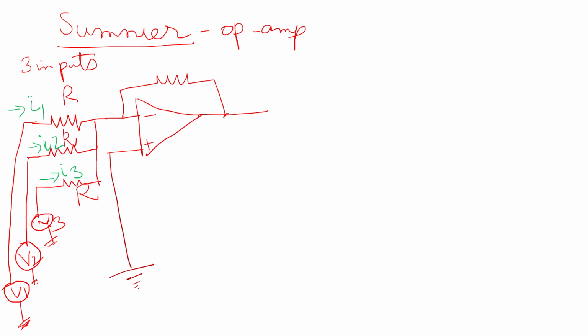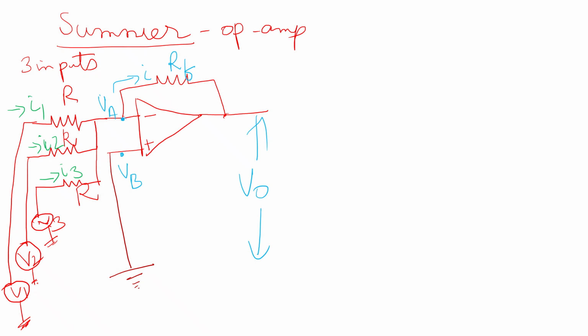Let the potential at the input terminal be VA. The resistor here is a feedback resistor, named RF, and current I flows in the circuit. V0 is the output voltage, which we will collect across this terminal.